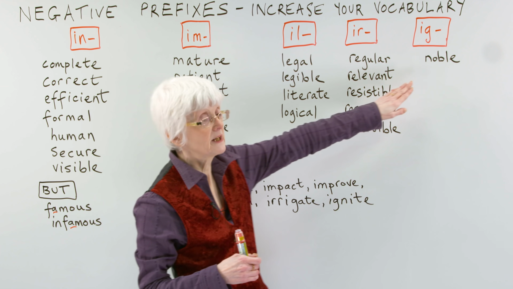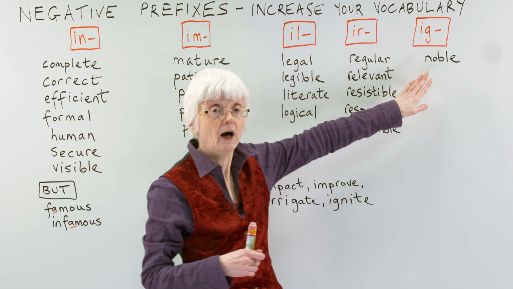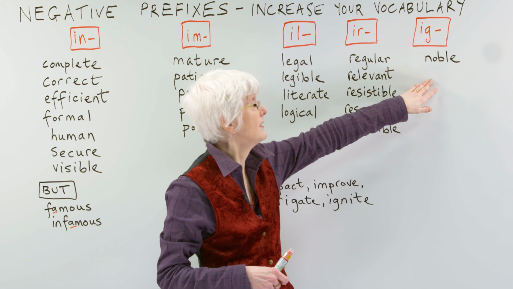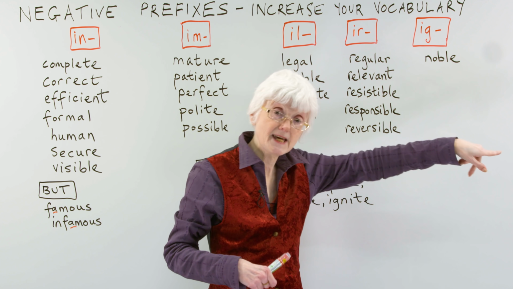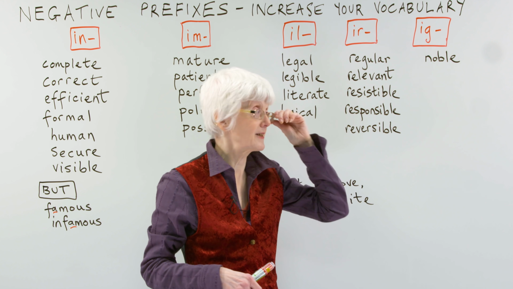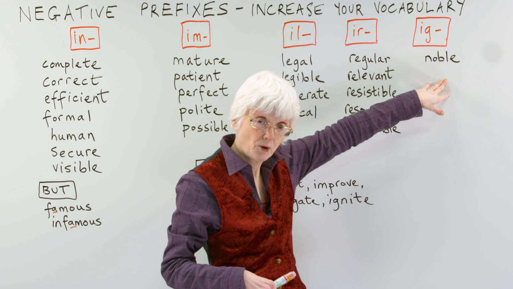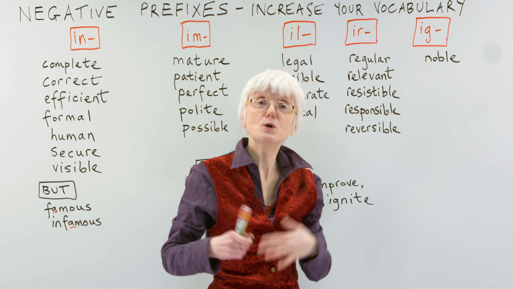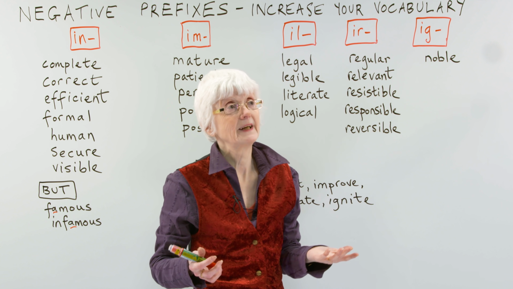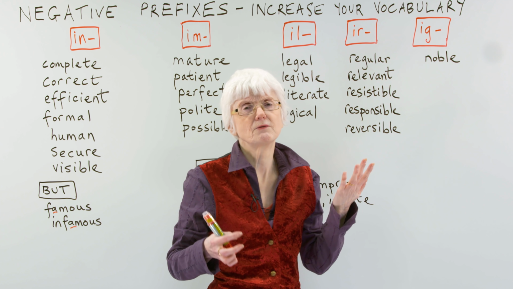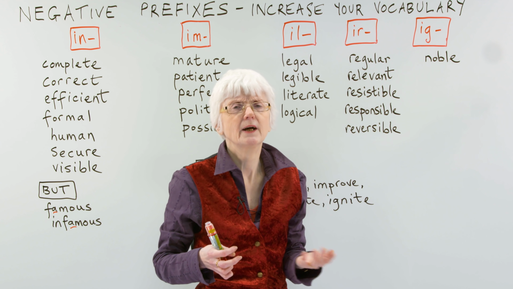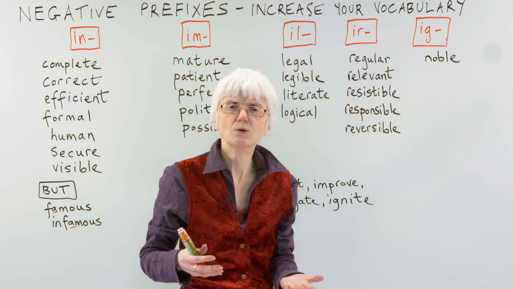Okay, and then finally, one little one, and I only know of one word that has ig as the negative prefix, and that's the word noble. So if you're noble, it means you're a sort of honest person. You do the right thing all the time.